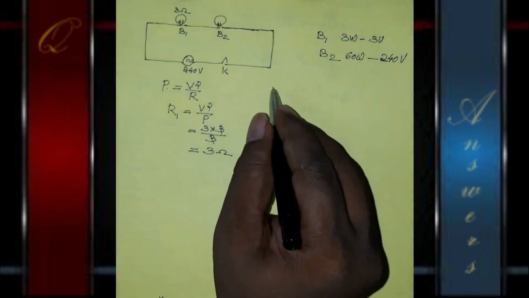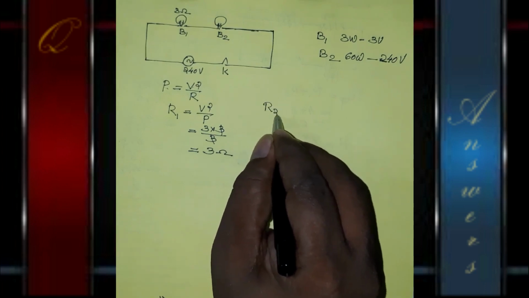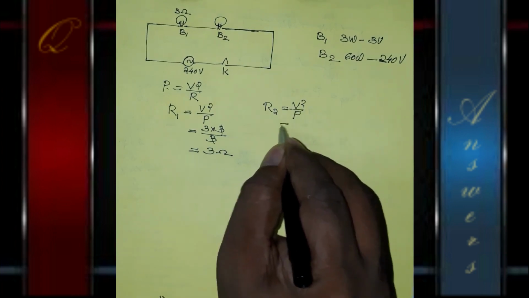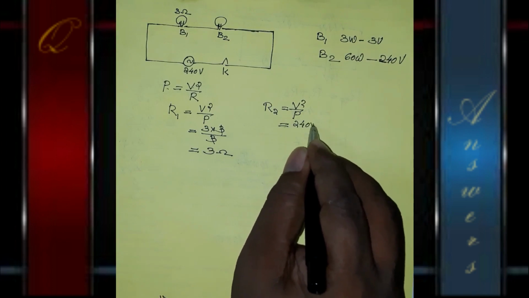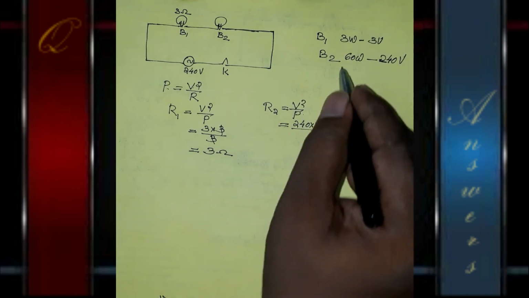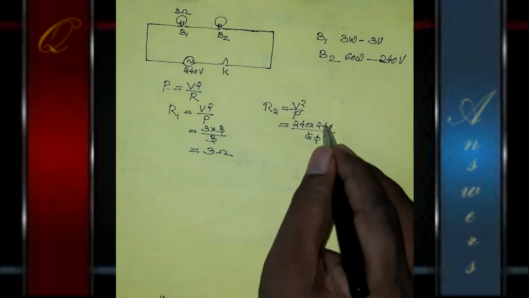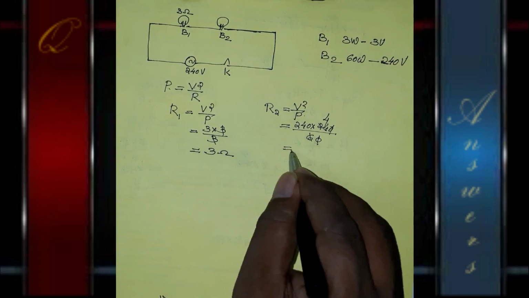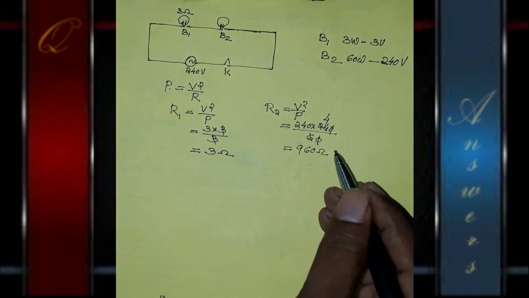Now, for the second bulb, what is the resistance? R2 is equal to V squared divided by P. What is V? V is 240. It is 240 into 240 divided by P. What is P? P is 60. It cancels, and on solving, you get 960 ohm.